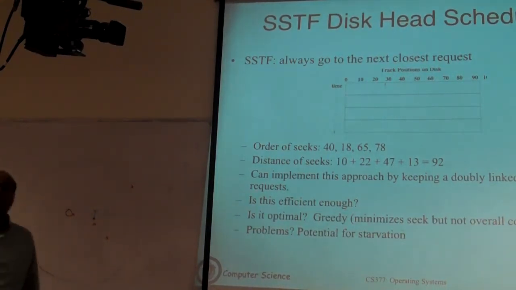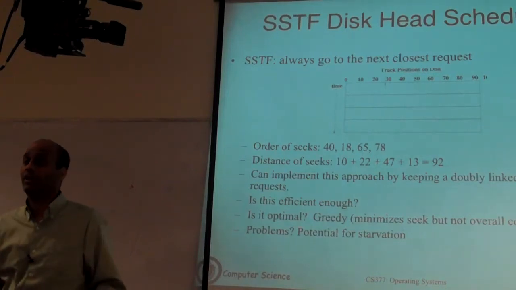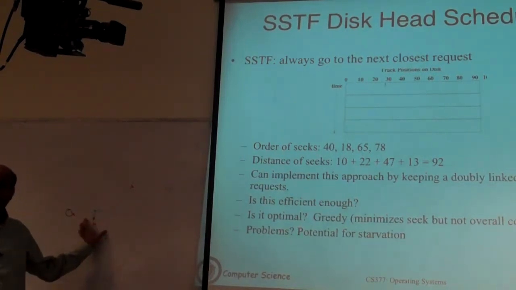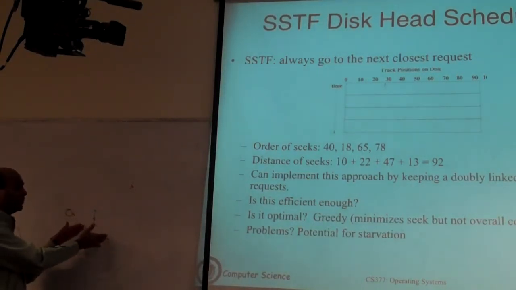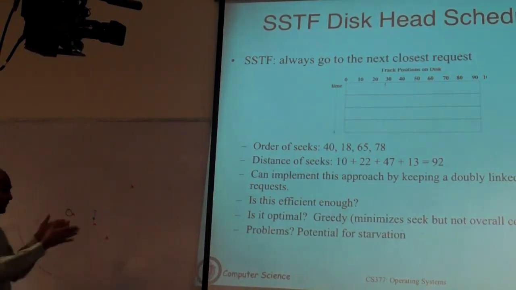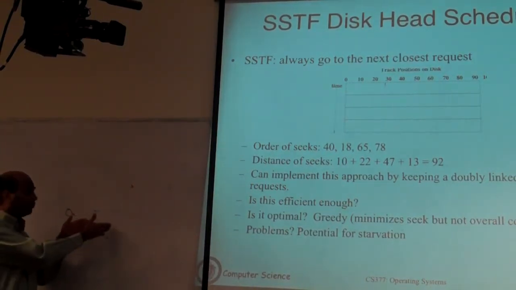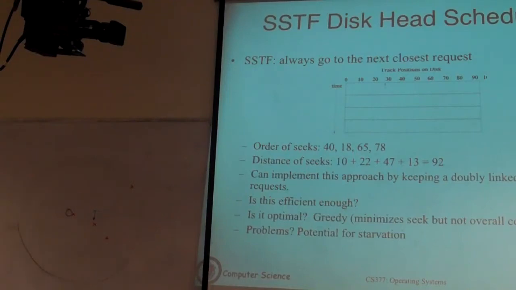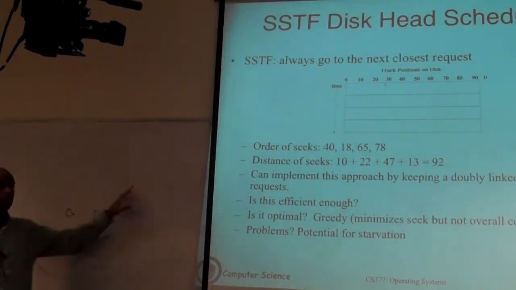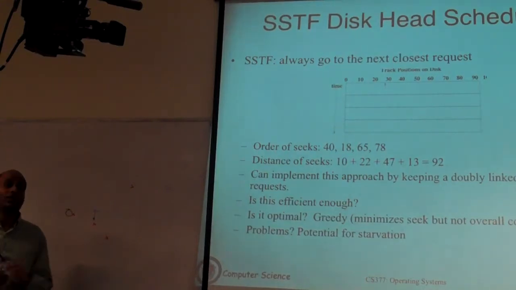If you think of the disk as the inner third, the middle third, and the outer third, and you have a steady stream of requests sitting in the middle, those requests will get favored over requests on the innermost or outermost tracks because they require a long seek.